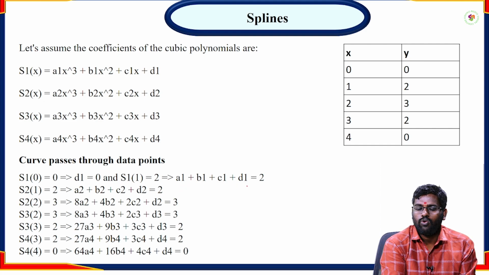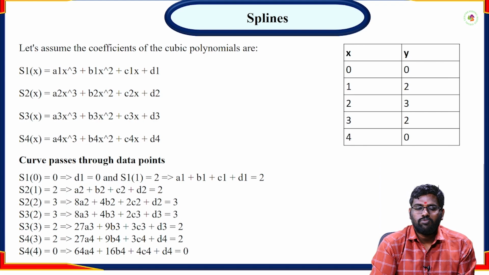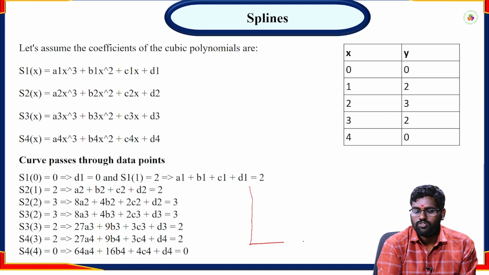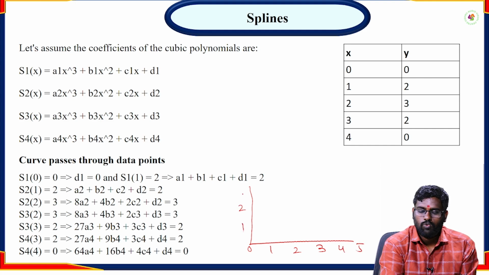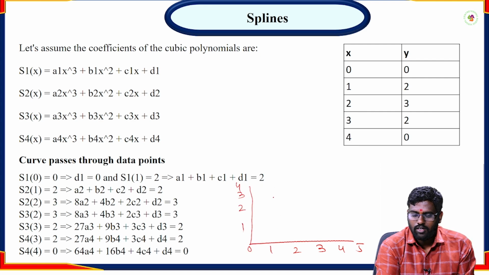The next value is 2. Like this, the values will increase based on our conditions. Now in this piecewise polynomial equation, the values will be taken like this: 0, 1, 2, 3, 4.